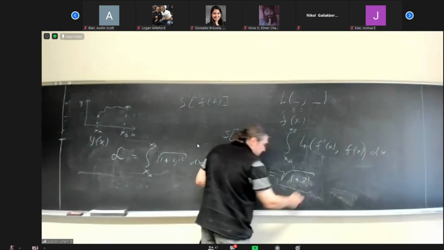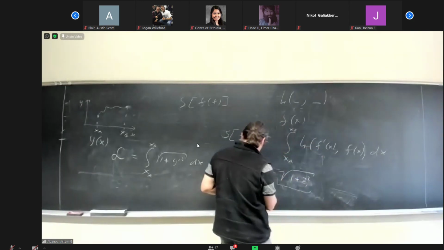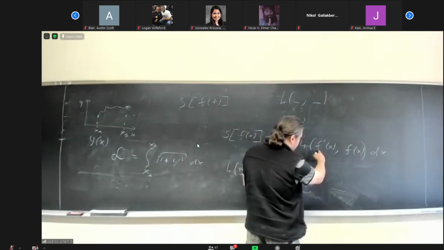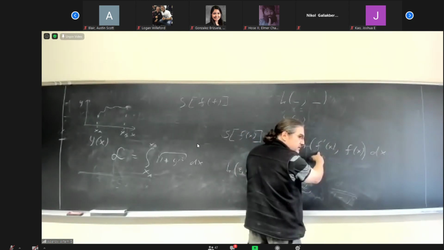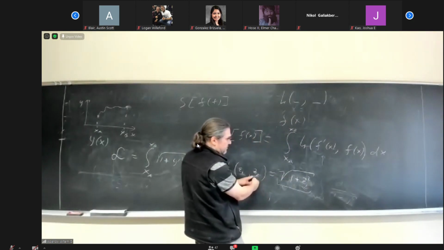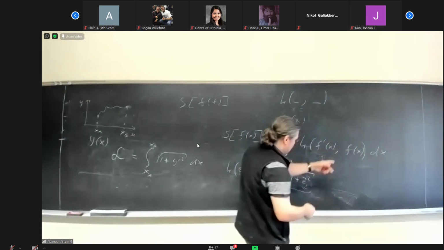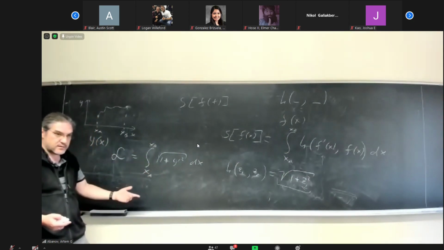Now, if I do this construction, I need to take this function and, instead of the first argument z1, substitute the derivative of my function f. And it doesn't depend on the second argument, so I forget about it. So what I will have is exactly this function, or the length.